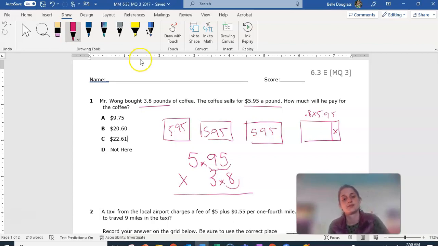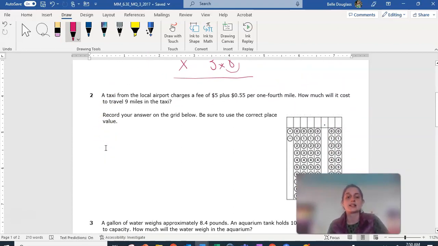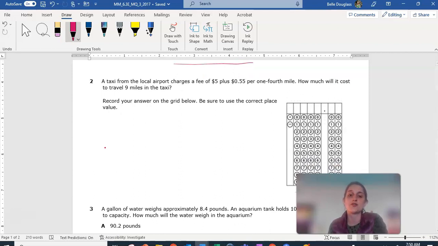All right, next one. A taxi from the local airport charges a fee of $5 plus 55 cents per 1/4 of a mile. How much will it cost to travel 9 miles? So let's see.